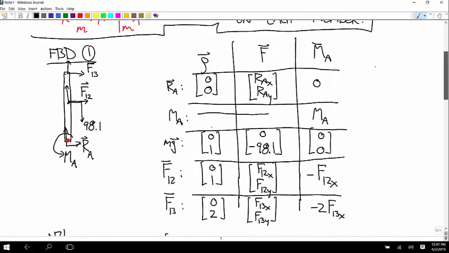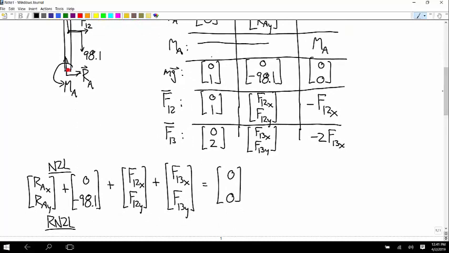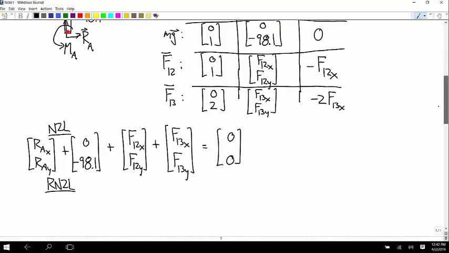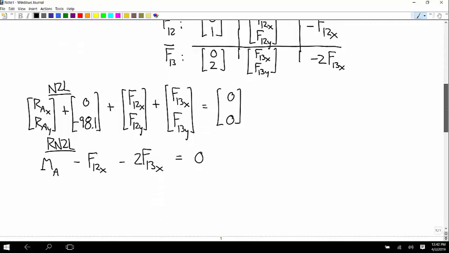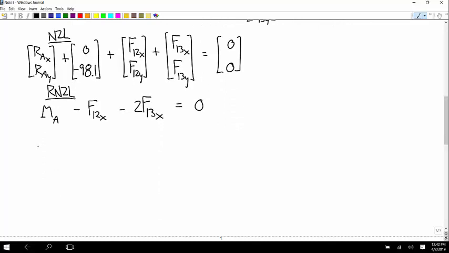And then the moment equation, this should just say 0. Okay, so we have MA minus F12X minus 2F13X is equal to 0. And we can write out our first 3 equations.